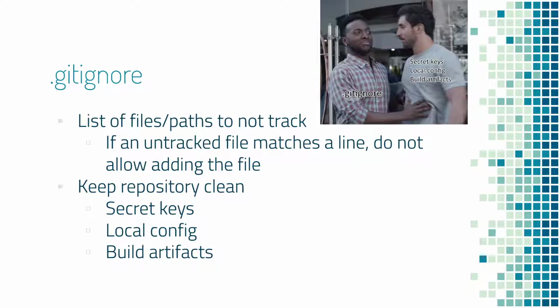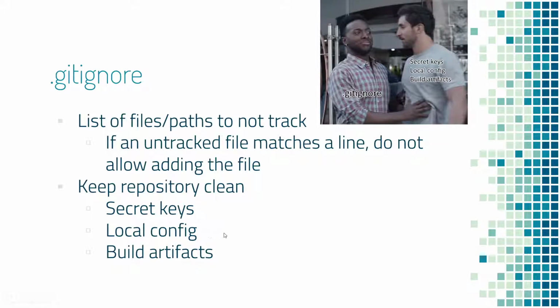You never want to upload secret keys to a repository, because even if you delete that file, and commit removing that file, you can still go backwards in the repository and see the contents of the file you removed. So again, don't commit secret keys to a repository, and the gitignore file makes sure that doesn't happen. So you can just automatically ignore whatever file has a secret key in it, and Git just won't let you add it.